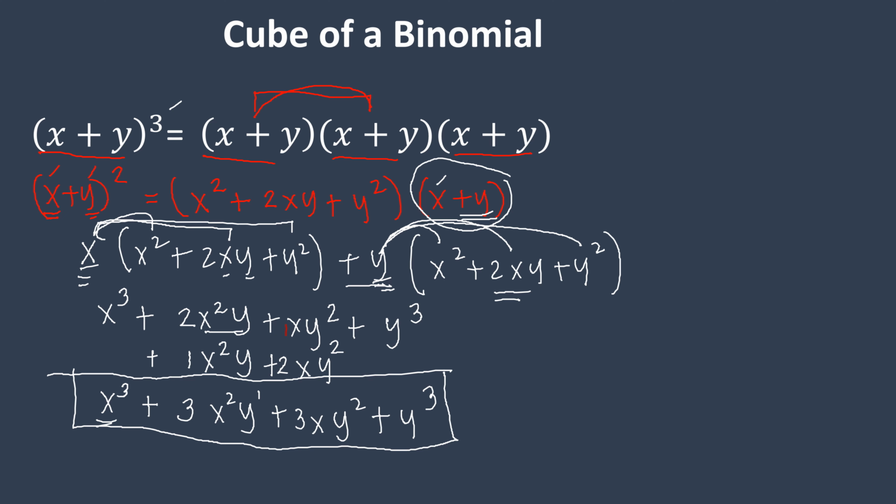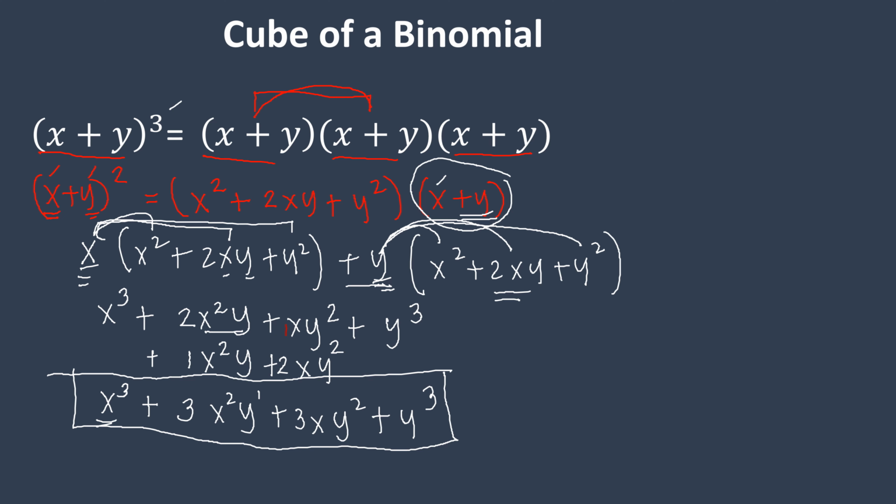But to see what the easier pattern will be, we try to examine each term. Remember, we have a power of 3. First, we need to count how many terms there are: one term, second term, third term, and fourth term. There are 4 terms in getting the cube of a binomial.